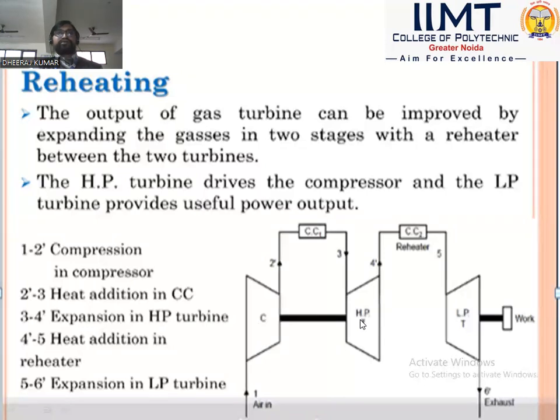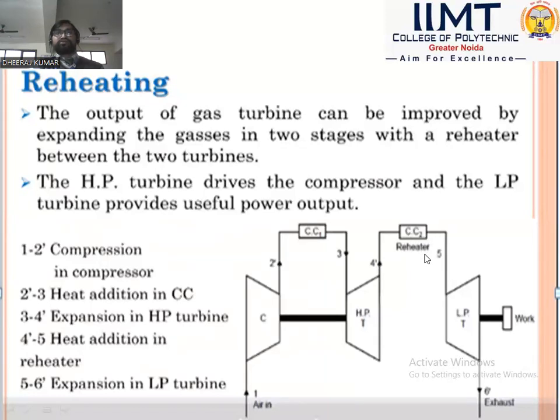The high pressure turbine and compressor are coupled with a single shaft, and the high pressure turbine produces mechanical work which runs the compressor of the cycle. After the high pressure turbine, the low energy gases pass through and are also supplied to another combustion chamber.